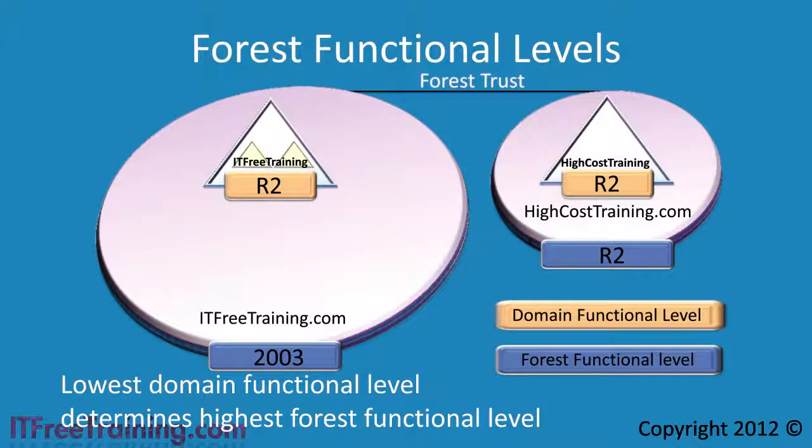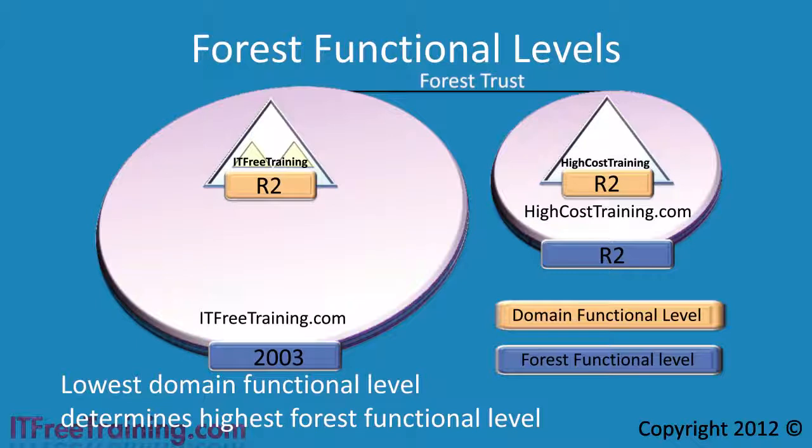Now we have two forests with one domain per forest. When looking at raising forest functional levels, consider the reasons why you have so many domains in the first place. Merging domains together is often cheaper than upgrading all of your domain controllers to a particular operating system.